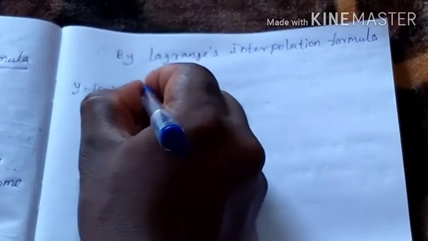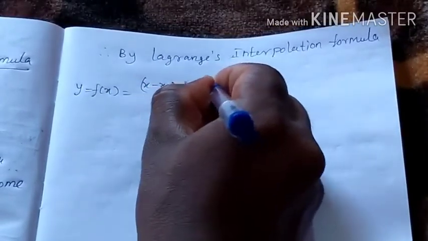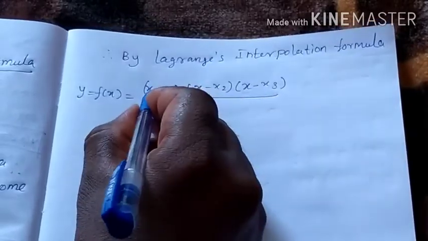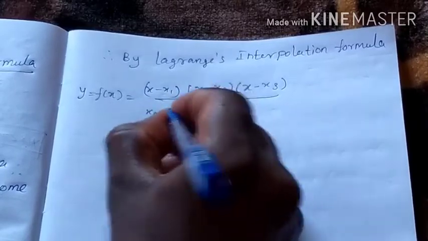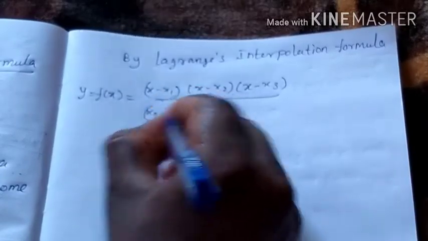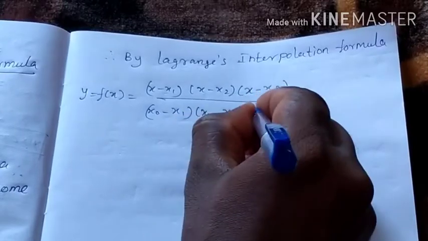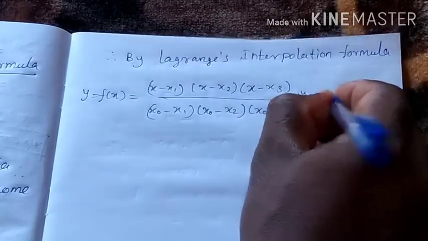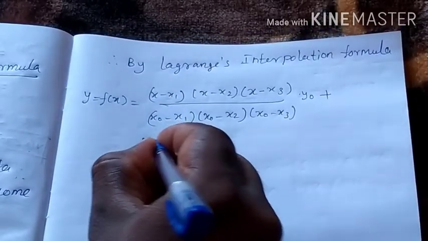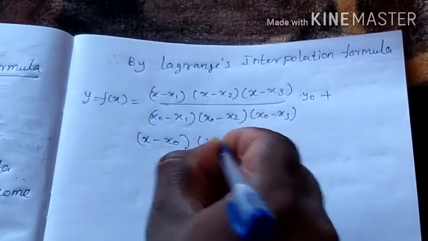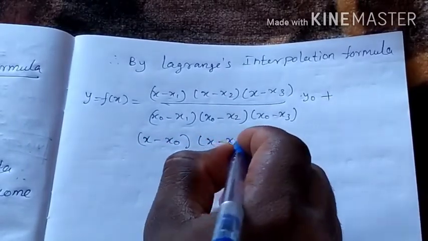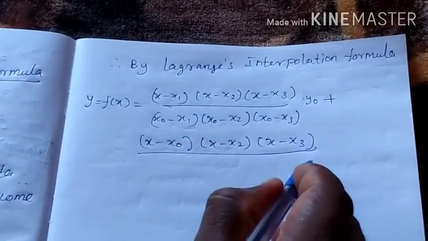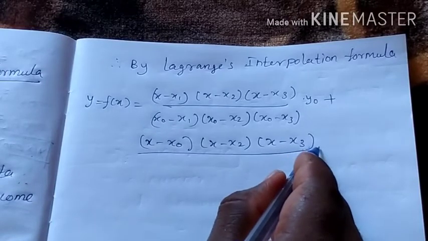So write the formula: x minus x1, x minus x2, x minus x3 whole divided by x0 minus x1, x0 minus x2, x0 minus x3, into y0. Here x0 is missing in the numerator, since the beginning value is x0. Plus x minus x0, x minus x2, x minus x3, as x1 is missed, because x3 is the last value obtained; no need to write x4 and x5.